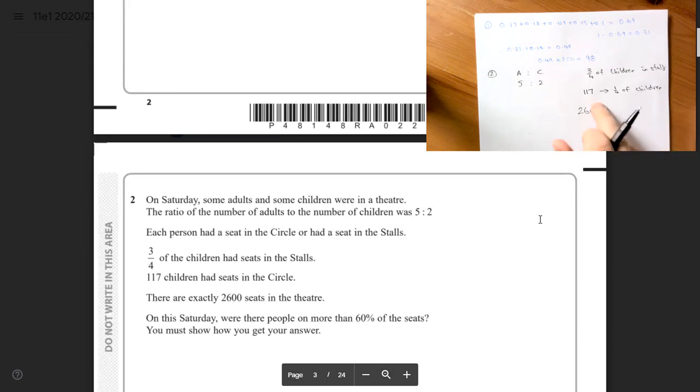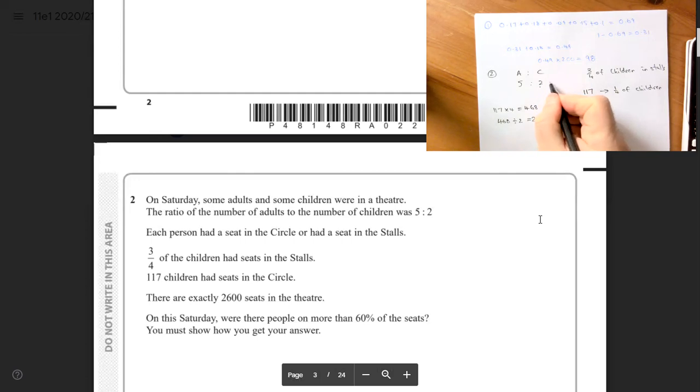Okay, so if 1/4 of the children is 117, 117 multiplied by 4 equals 468. Okay, so that 2 parts is 468. So 468 divided by 2 equals 234.